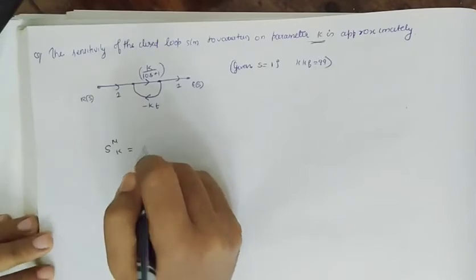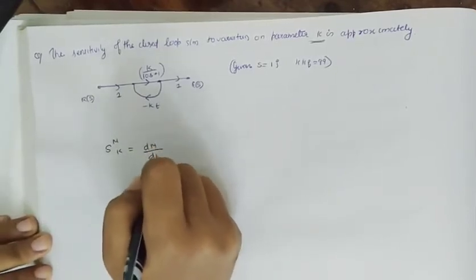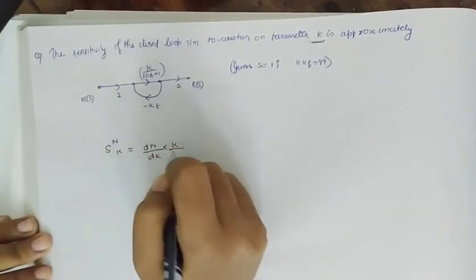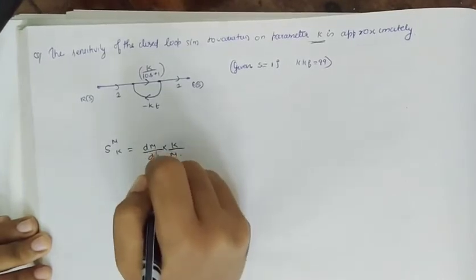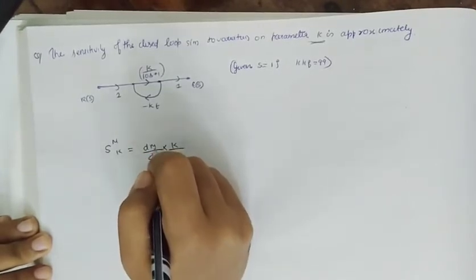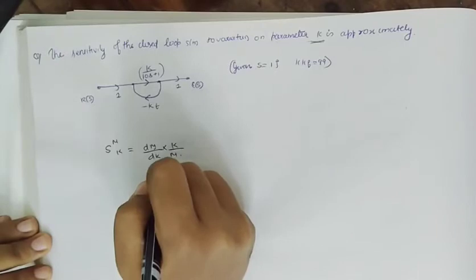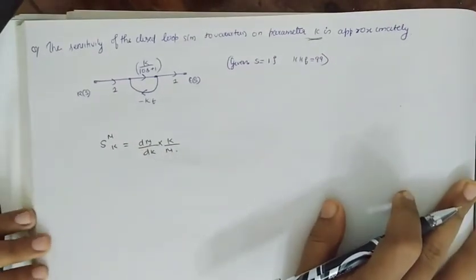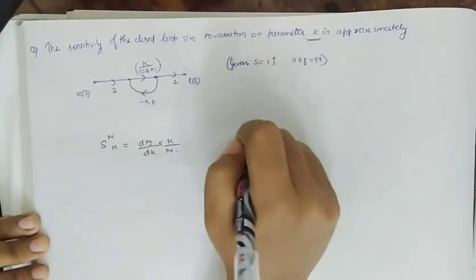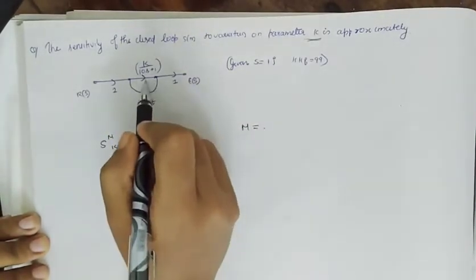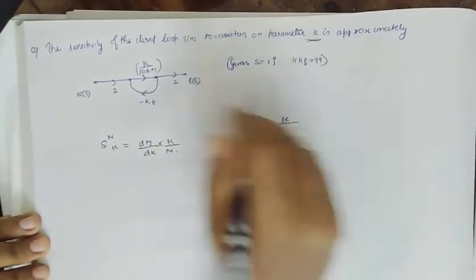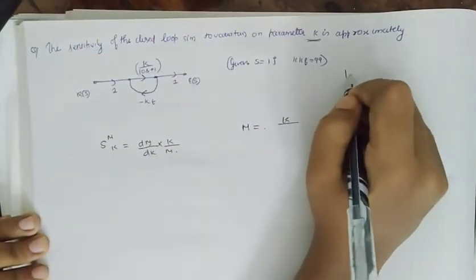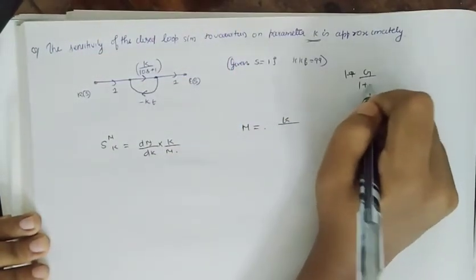The formula for sensitivity is dM divided by dk into k divided by M, where M is the transfer function. First of all, I'll find out the transfer function here. What is the forward path here? K divided by, or we can use the other formula, that is G divided by 1 plus GH.